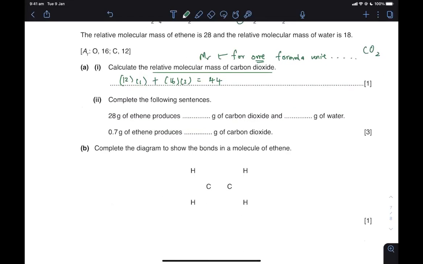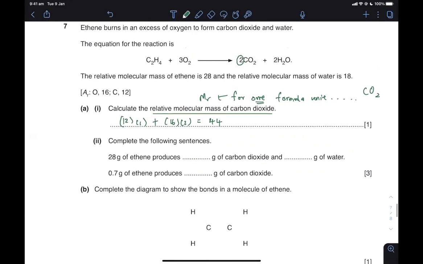Now complete the following sentences. We are talking about ethene. Ethene is an alkene. An alkene is going to be CnH2n, which is C2H4. So we're looking at carbon dioxide, we're looking at water. First of all, I'll write in the MR because MR, as I said again and again, is for 1 formula unit.